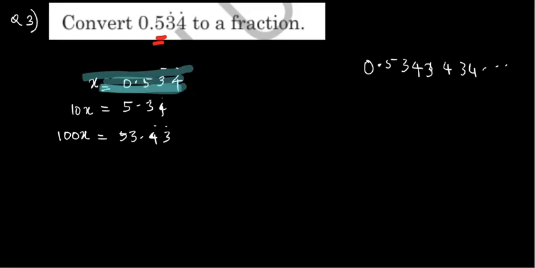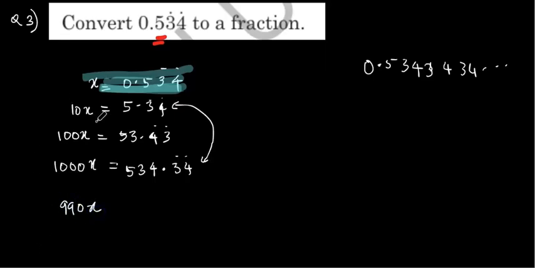Okay, so here you can multiply again with the 10, which will make it 1000x. So this will again become 534.34 repeating. So now you can see these two steps. See, both the decimal parts are getting matched up. So 1000x minus 10x will make it 990x. Okay, so I'm using these two steps. You can get rid of the middle one.